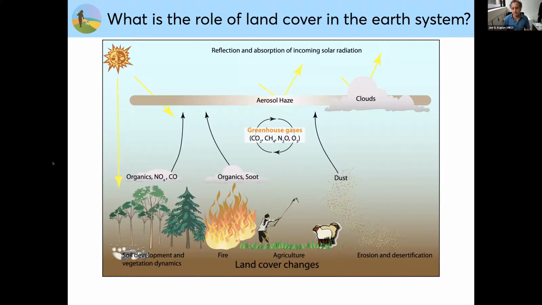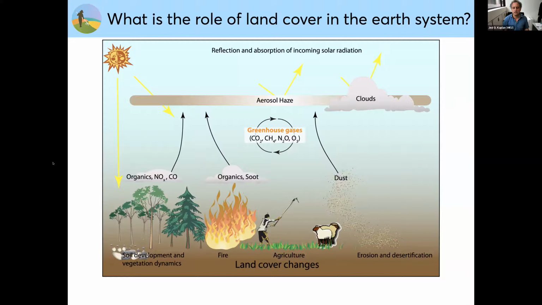All of these represent different forms of land cover. And that land cover can change over time as climate changes. It can change as soils develop or as soils are eroded away. And it can change as a result of human activities.